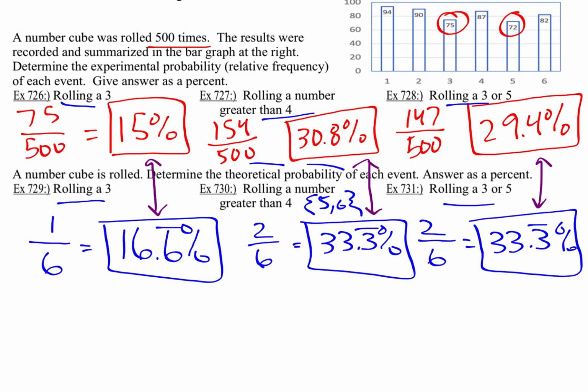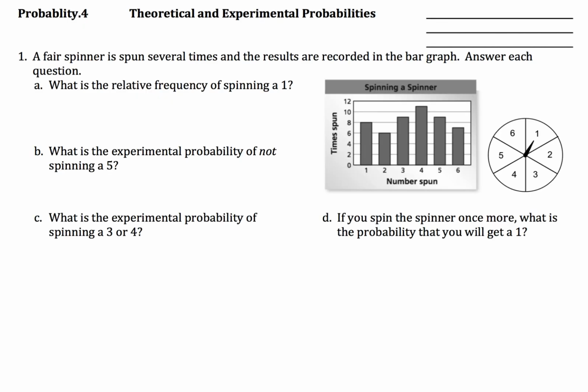That's just chaos. Okay, a little bit of hints into your assignment on this. Theoretical experimental probabilities. On number 1, you're doing the spinner, and it's got the bar graph there with your data. It uses the term relative frequency. Remember, that's the same thing as experimental probability. So make sure on A, B, and C you're doing experimental probability.